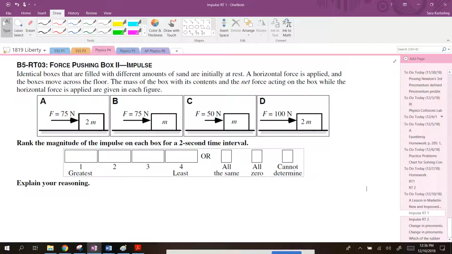It's okay to talk to each other. Feel free to have a conversation. Rank the magnitude of the impulse.